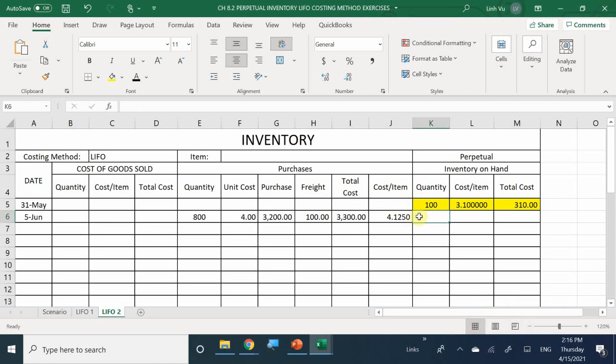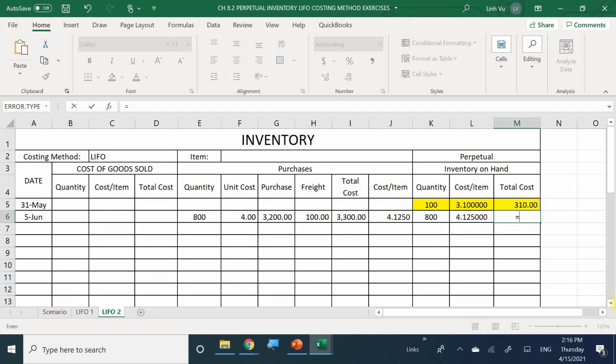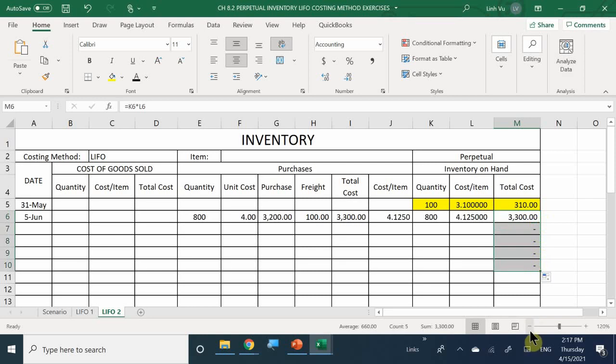Now that I have this information, I'm going to plug it into my inventory on hand. So I have 800 at 4 and 12.5 cents. Oh, I didn't pull my formula down, so I'm going to do it now. Let's assign a color to this one.